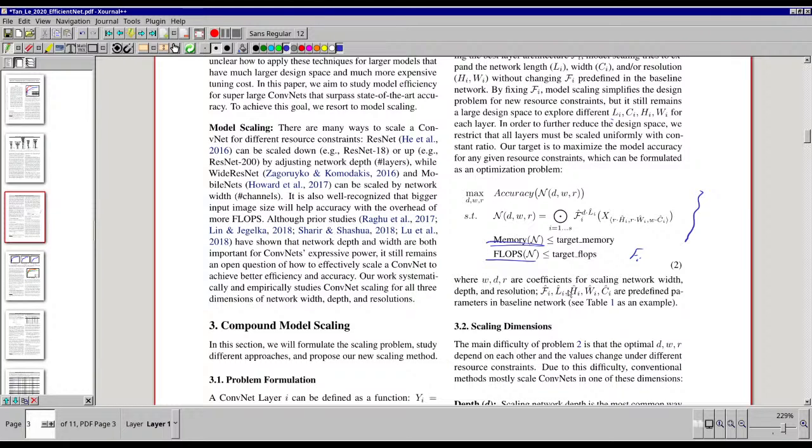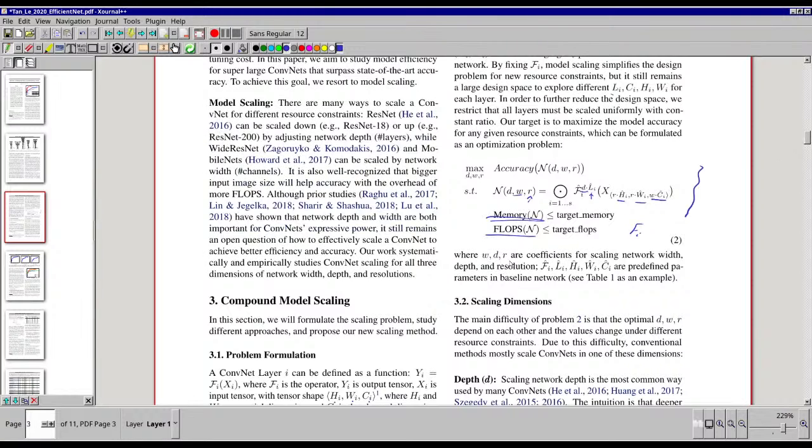The function scaling the network: H and W are multiplied with R for resolution, D is multiplied with depth, and W is multiplied with channel, where W, D, and R are coefficients for scaling network width, depth, and resolution. Scaling dimensions.